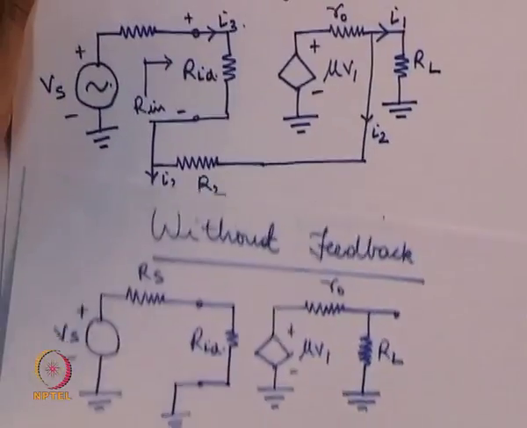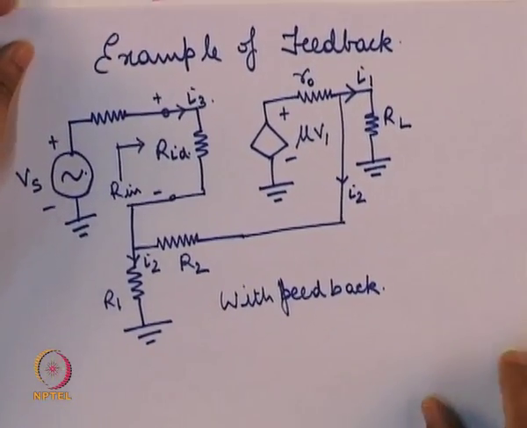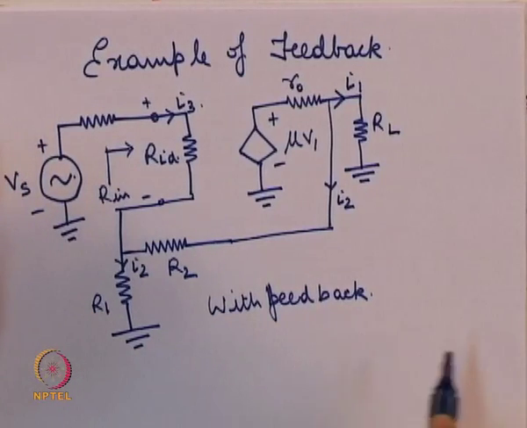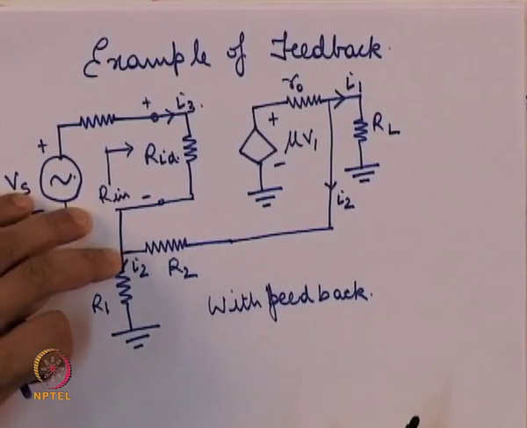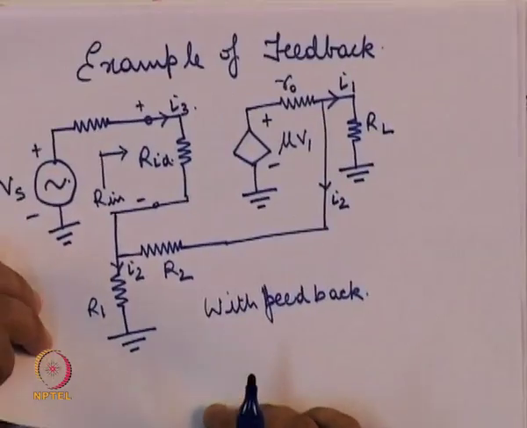So, after feedback, the only difference between this circuit and this circuit is these additional resistances R1 and R2, which are connected like this. Now, what is the impact of these resistances on the overall performance?